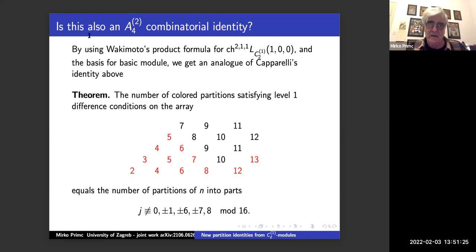Again, it seems that level K modules for C_2^(1) will correspond to level 2K+1 modules of A_4^(2), and this representation maybe should be like L(3 lambda naught) for A_4^(2). But it's a speculation.